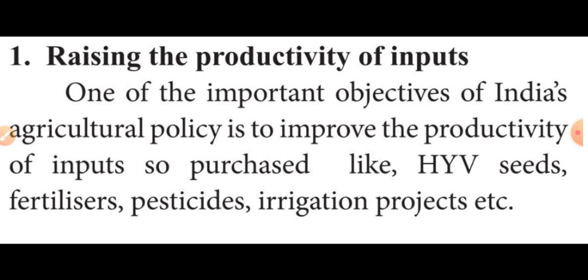Okay, the first one is raising the productivity of inputs. One of the important objectives of Indian agricultural policy is to improve the production. So they are using HYV seeds, fertilizers, pesticides, irrigation methods, etc. to improve the production.